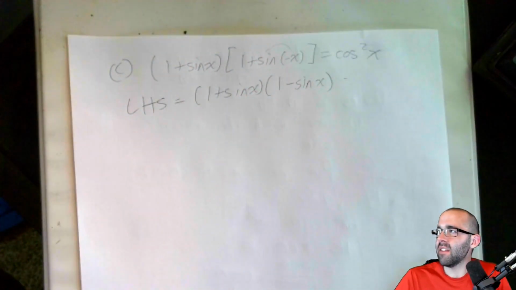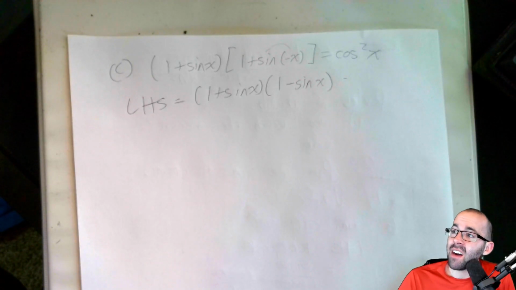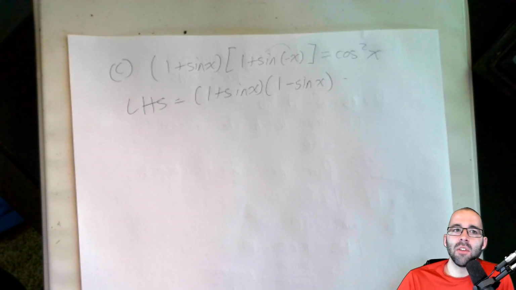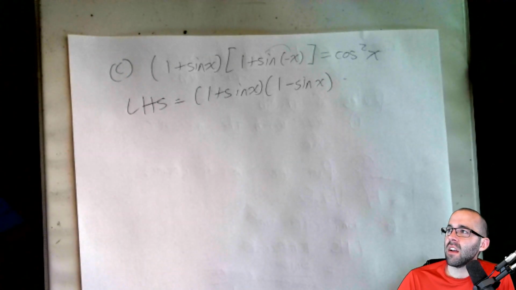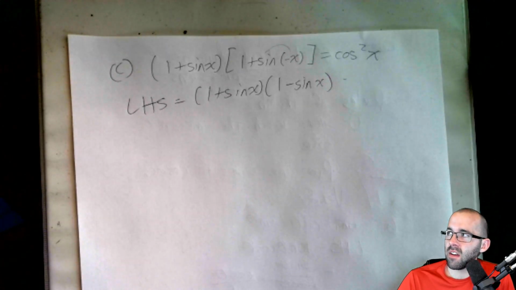All right, and at this point, it's not as obvious what to do, but we need to simplify. There's only a couple of ways that we can simplify this. And the idea is that we are going to simplify by FOILing.